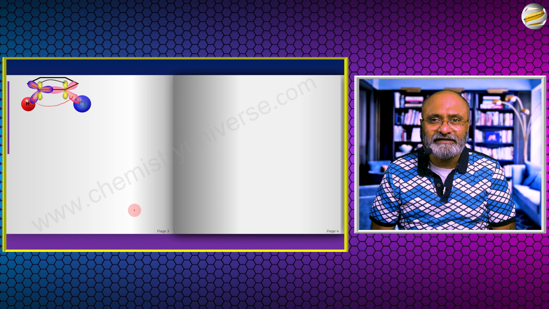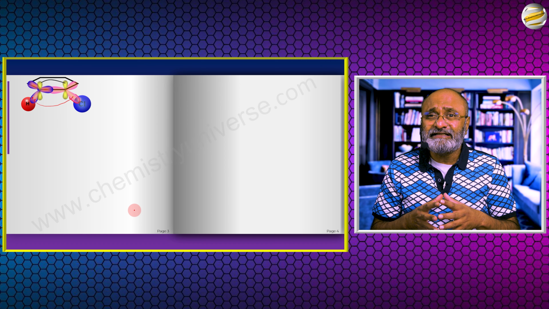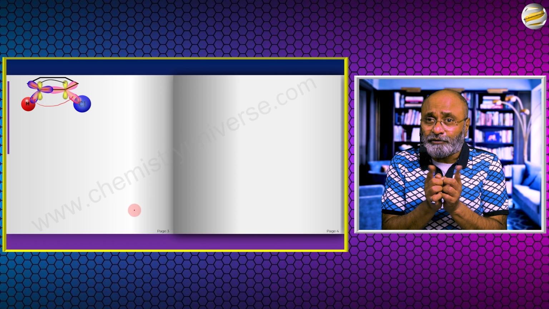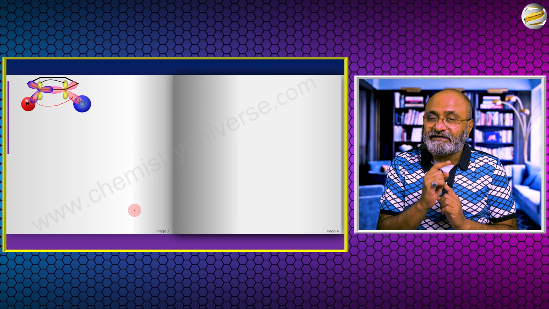So because of the fact that it's not strong enough, this pi bond is going to be a weak pi bond, weaker than the pi bond of the benzene ring, number one. Number two, since it is in the plane of the ring, remember it is sp2, it is in the plane of the ring and not perpendicular to the ring, just like the pi bonds of the benzene ring, therefore it cannot resonate.